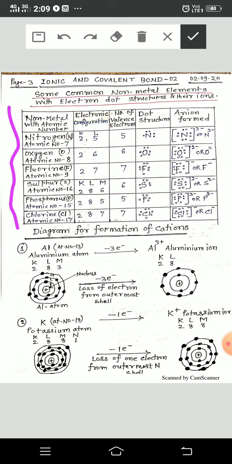Now the formation of ions. Metals have the tendency to lose electrons, means metals have the tendency to achieve the nearest inert element electronic configuration by losing electrons. That's why they form cations. So this is the diagrammatic representation of the formation of cations.